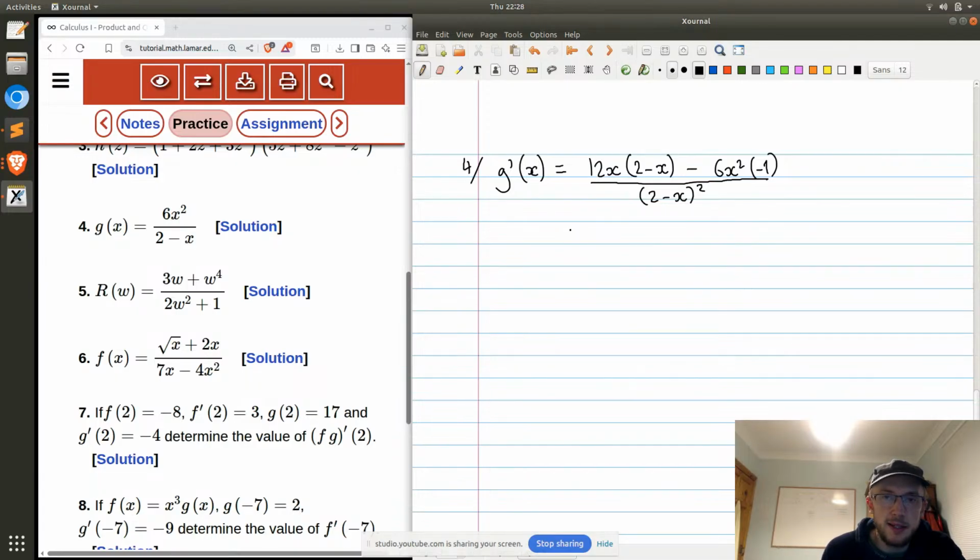Now that we have it in template form, then we actually do it. So on top, that will be minus 12x squared plus 24x plus 6x squared. Minus 12x squared plus 6x squared, so that's minus 6x squared. Plus 24x.